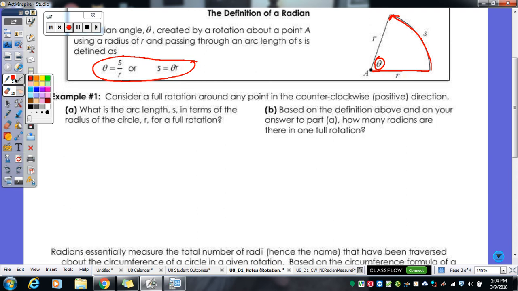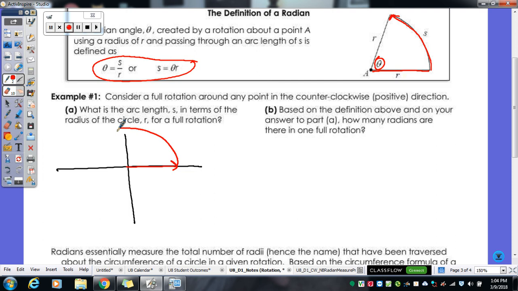So consider a full rotation about any point in the counterclockwise direction. So here we have our axes. I'm starting in standard position. So then let's say my terminal ray is also here. So that means it went up and around, and it came back to the same position.